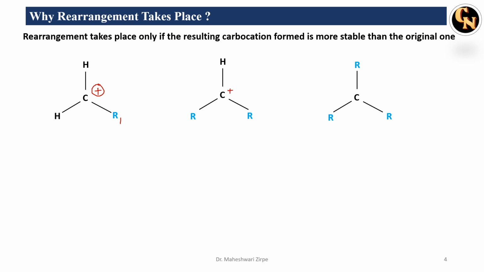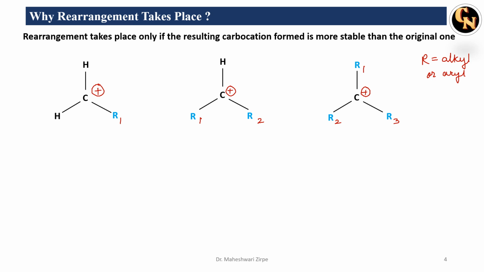In the second carbocation there is R1 and R2, and in the third carbocation there is R1, R2 and R3. Three alkyl groups. So R indicates alkyl groups. R is nothing but either alkyl or aryl groups. Followed?